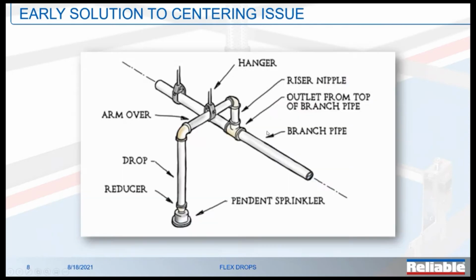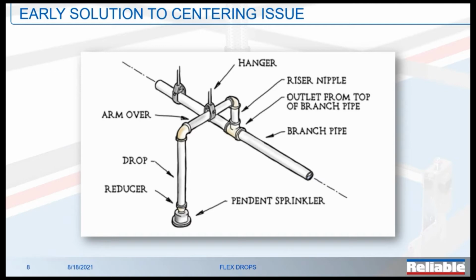And one of the early solutions, the easiest one, was to kind of compromise with the architect and say, hey, how about we center up in one direction, right? If we have a 2x4 tile, let's say we're going to be centered in the 2-foot direction, but allow us to be anywhere along that 4-foot direction.